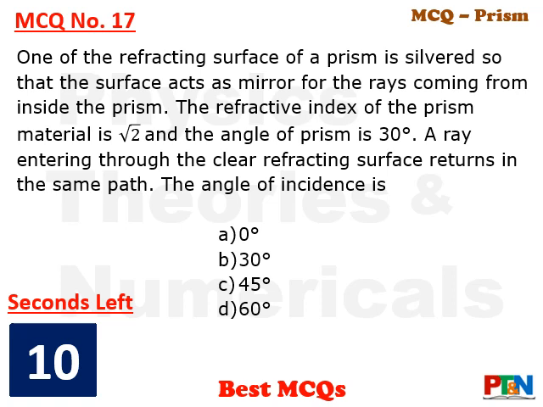The ray enters through the clear refracting surface and returns along the same path. You need to find out the angle of incidence. The ray is entering through the clear side and getting reflected, coming back in the same path. There are 4 options. You've got 10 seconds to find your answer. Timer starts now.